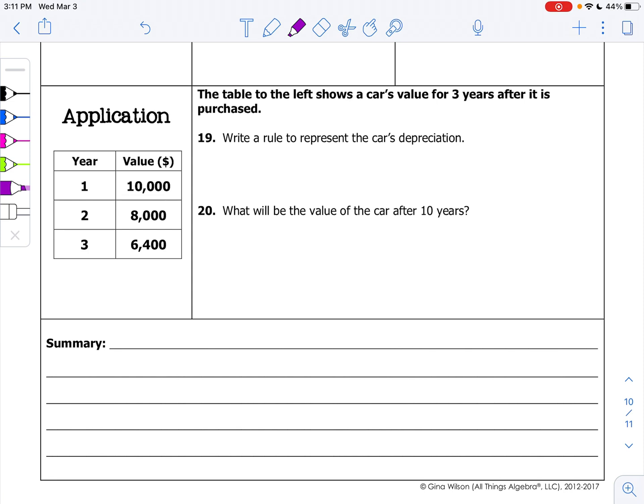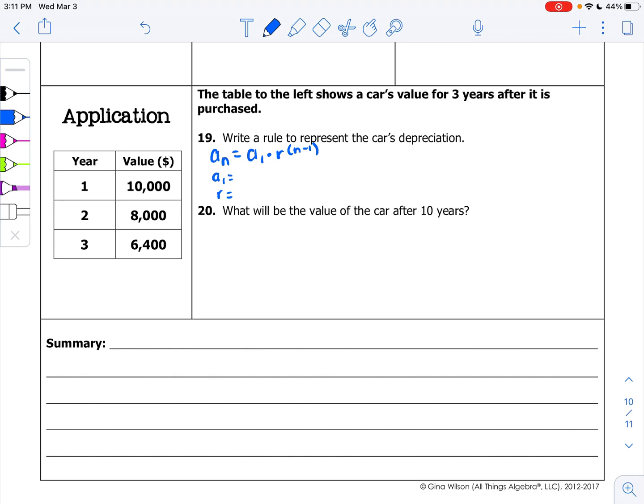So we're going to first write the generic form for our geometric sequence. A sub n equals a sub 1 times r to the n minus 1. And we're going to write what a sub 1 and r equal.